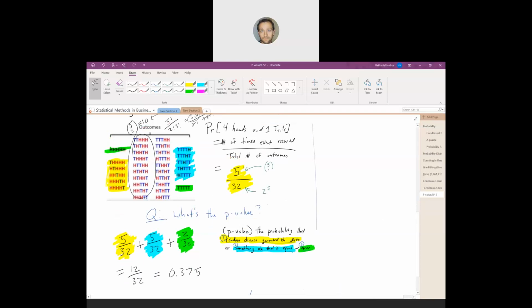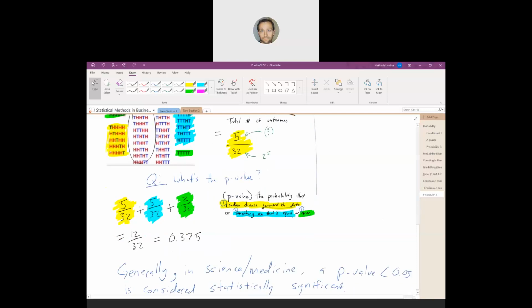It's not so rare. And this is based on the thinking that this is a fair coin. So with a fair coin, getting 4 heads and 1 tails on 5 flips happens pretty frequently. And that's what this p-value is saying.